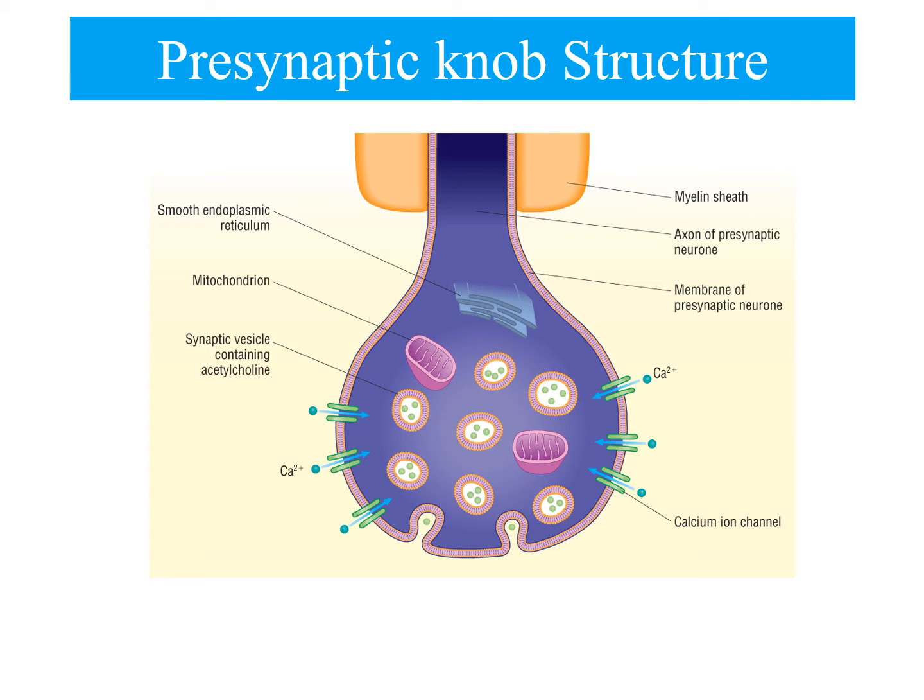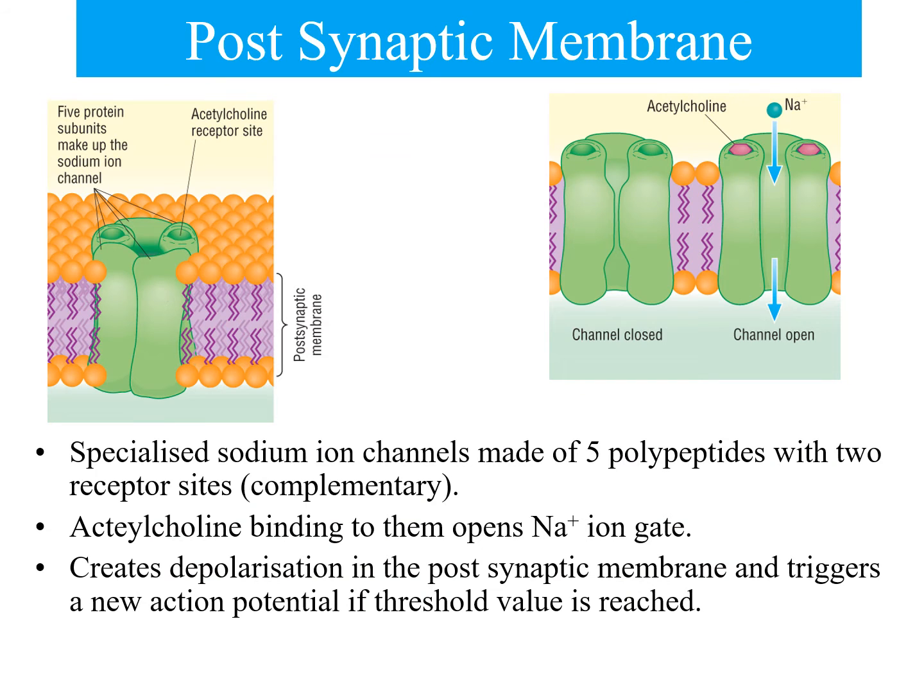So here we've got a little diagram which shows you a presynaptic knob, but we're going to take it forward. The key thing to note here is these calcium channels, and we'll come back to that in a second. But before we look at how the information goes across the synapse, it's really important to look at the postsynaptic membrane first. In the postsynaptic knob, you've got receptor sites.